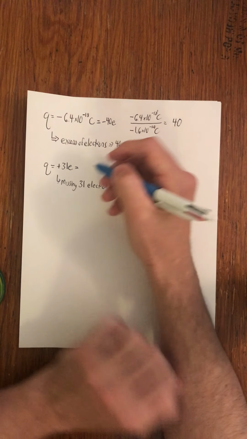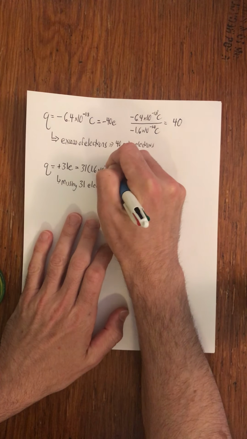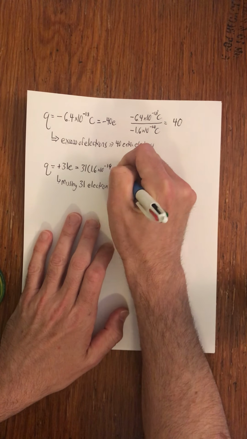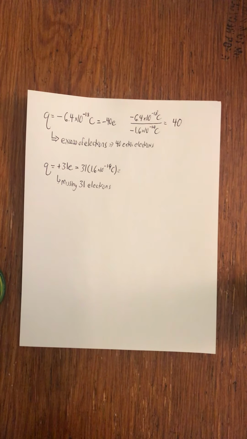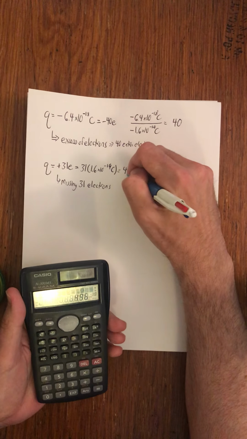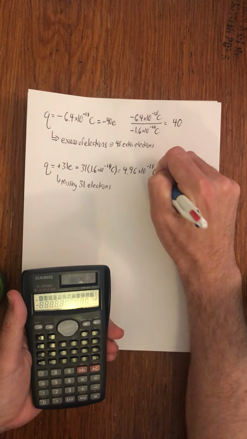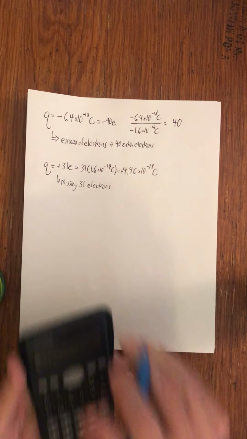Well, I know that each E is 1.6 times 10 to the negative 19th coulombs, and so I can multiply that out, 31 times 1.6 exponent negative 19, and I get 4.96 times 10 to the negative 18th coulombs, and it's positive there, okay?